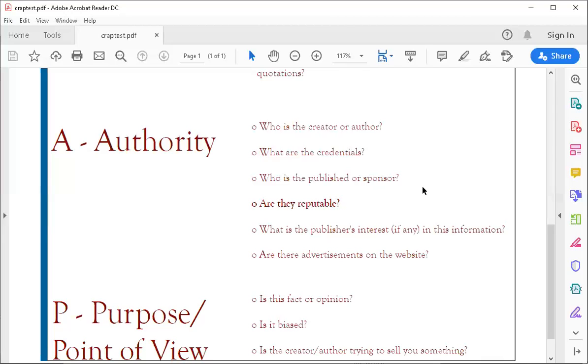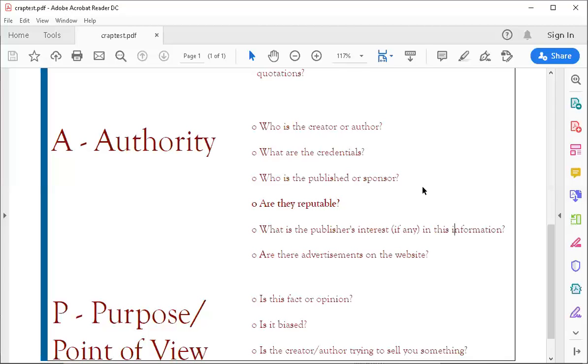However, very reputable mainstream business and information sources can still have advertisements, but look to see if the advertisements relate to what you're looking at, or if they're just advertisements related to anything in general. That will help you determine the reliability and the authority for what you're looking at.